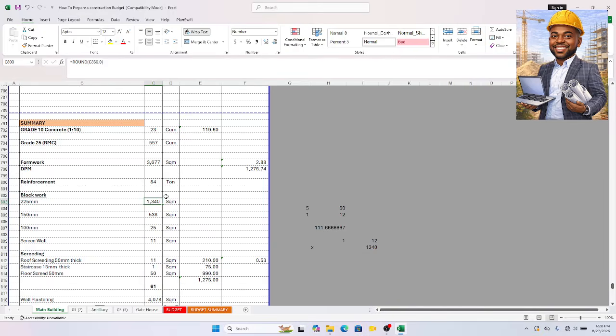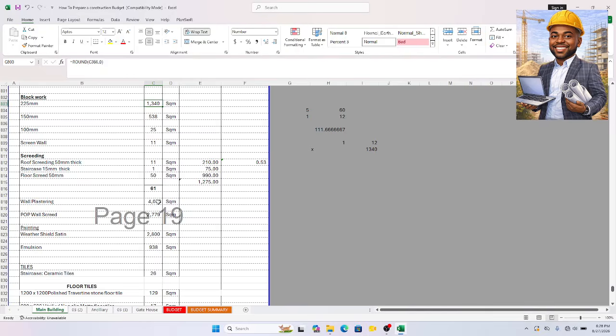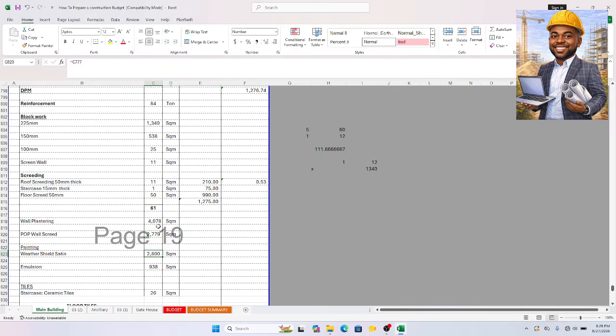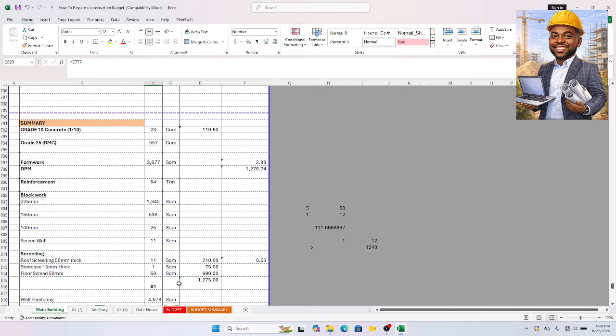You need to have a summary, like a schedule of quantity summary. Right? A schedule of quantity, that's what I did here. This is a summary of everything. See wall plastering, this is total square meter, POP wall screed, total square meter, according to the bill of quantities. Alright, let's go over to what we are working on.